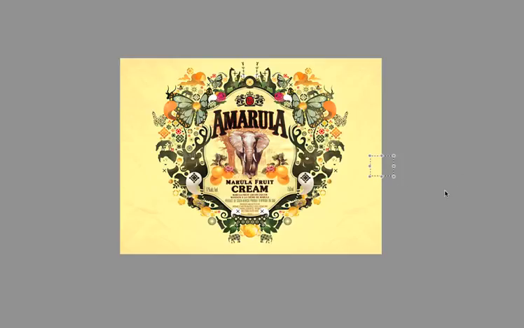Some of the other things I'd like to talk about with this one is how they've used lines, or basically shapes, I should say.